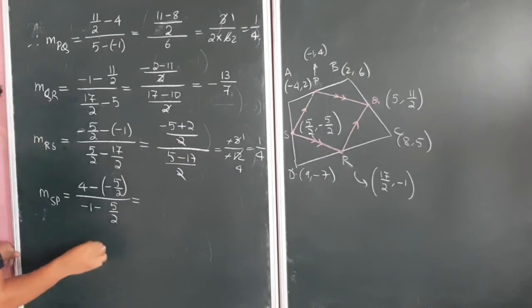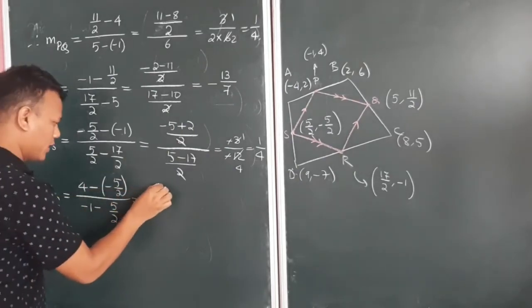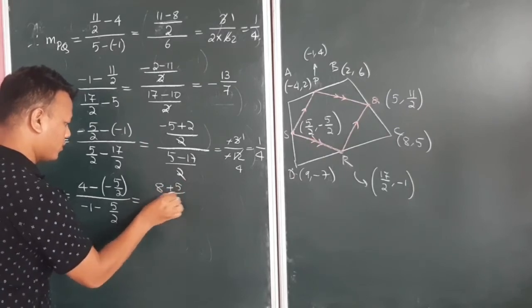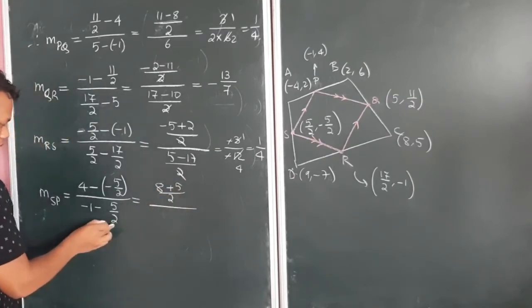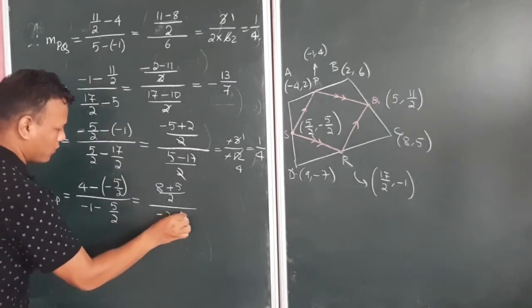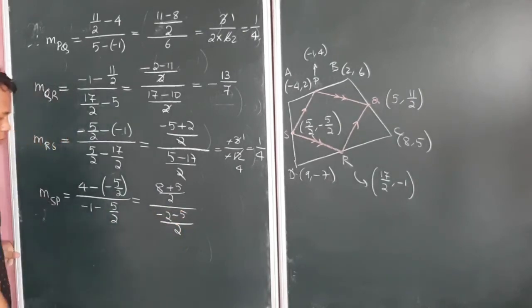Let us quickly calculate this. This is 8 plus 5 by 2 whole divided by, so this is minus 2 minus 5 by 2.